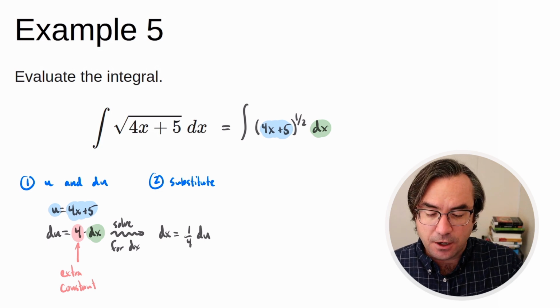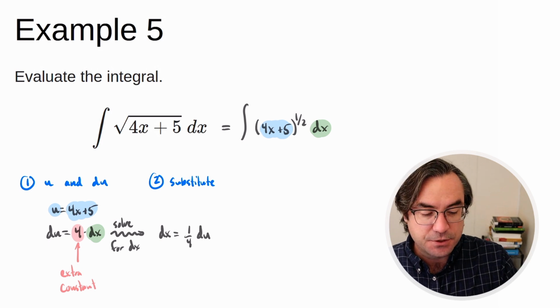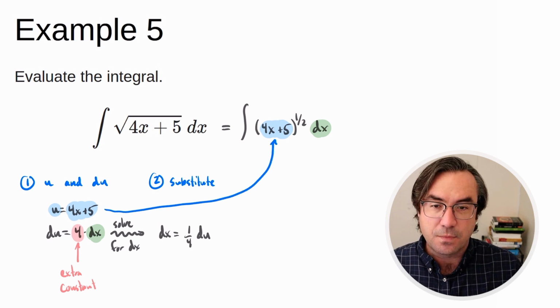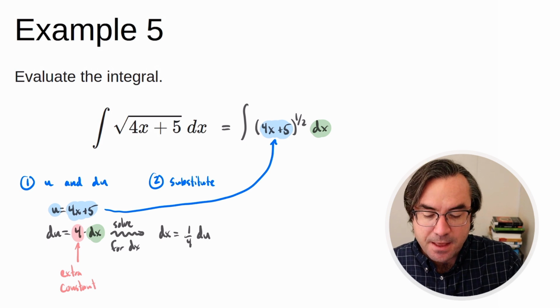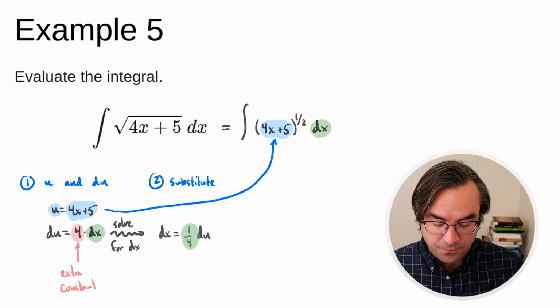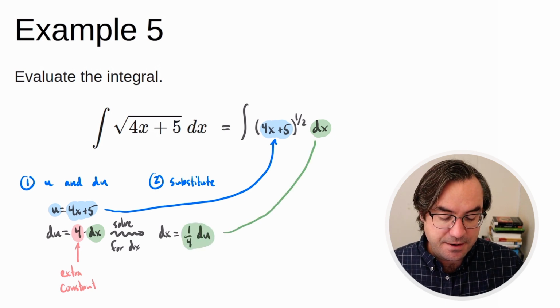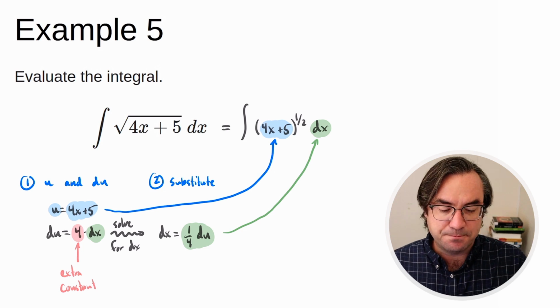All right, so now we're ready to substitute in. We can fill in our u term, nice and easy. And that dx that we just solved for, we know what dx is actually equal to, so we can fill that in. So now we make our substitution.